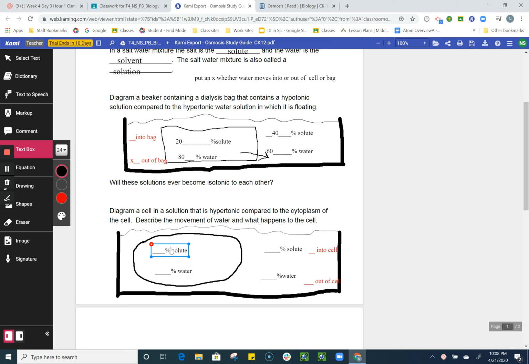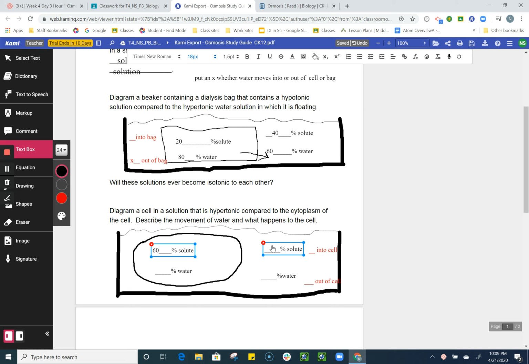So if this is supposed to be hypertonic, I can pick out a number. Let's do 60%, 60% solute. Hypertonic means it has more solute. That means the solute out here has to be less than 60. Any number less than 60 will work. So I can put 40.